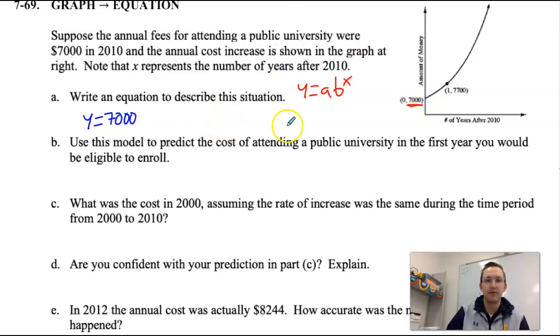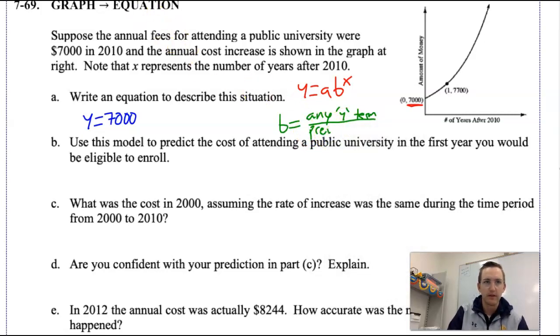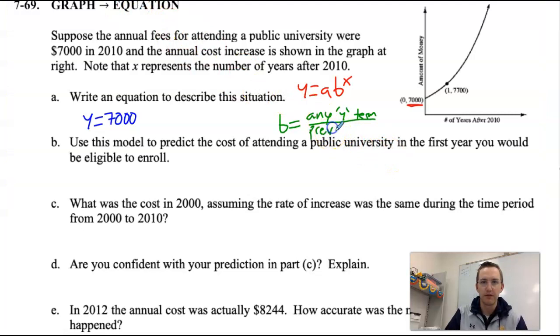So yesterday, again, we reviewed how to find a multiplier. So b we can find by taking any y term and then dividing it by that previous y term. Any previous y term. So if we apply that to our graph, we have x is equal to 1, x is equal to 0.